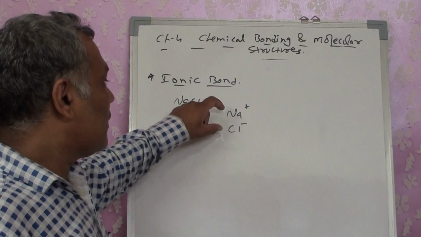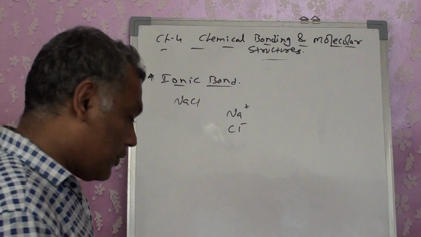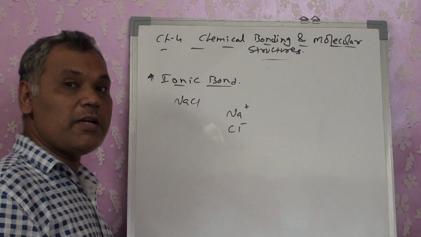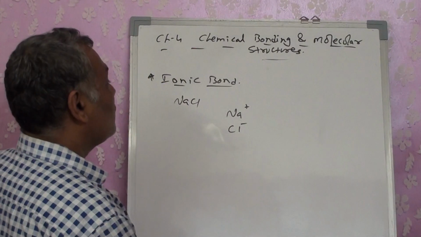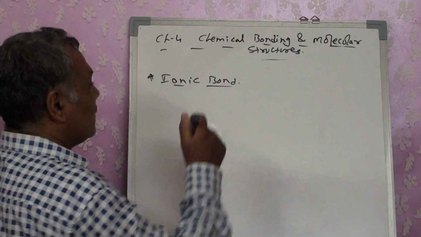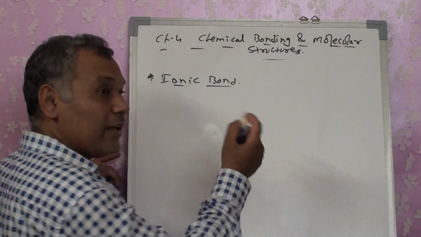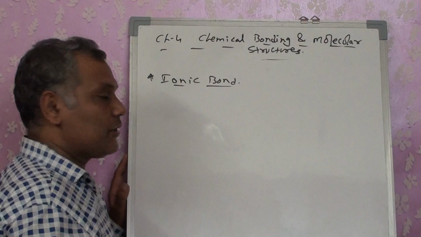Actually, within the compounds, when they are brought closer to one another, they are not initially positively or negatively charged. So for ionic bond, first let's understand how this octet is there, and then we will understand why they produce ionic bond, Na plus and Cl minus.